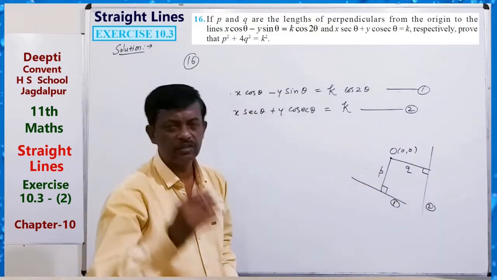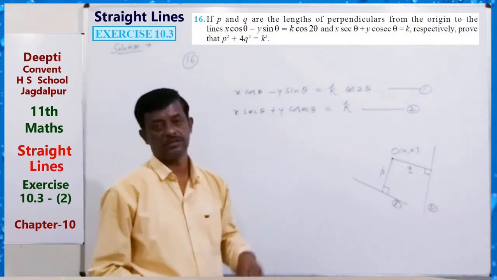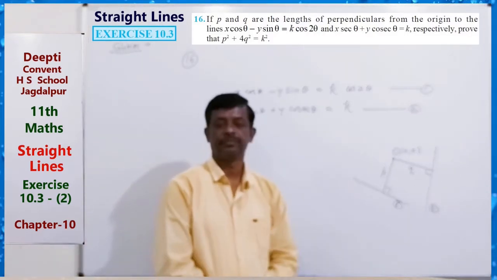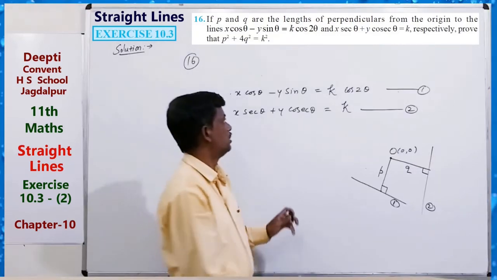These are the lengths of the perpendiculars p and q from the origin to these lines. Okay? We have to show that.